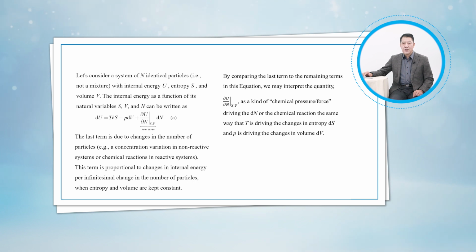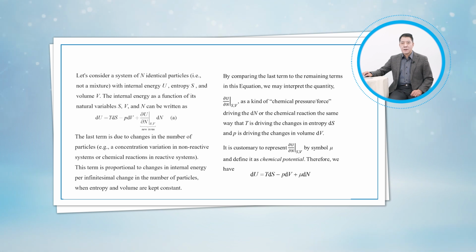By comparing the last term to the remaining terms in this equation, we may interpret this quantity as a kind of chemical pressure or force driving the dN, or the chemical reaction, the same way that T is driving the changes in entropy dS and P is driving the changes in volume dV.